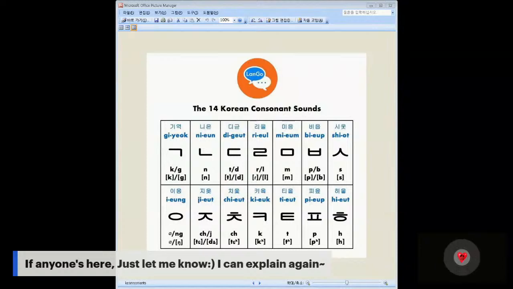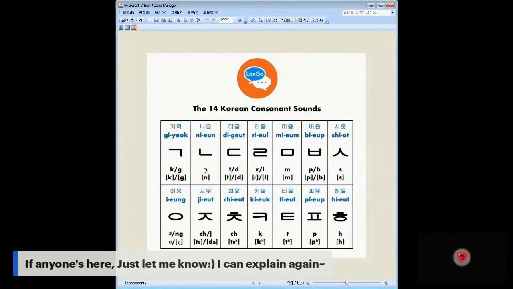So as you see, it's like an N. But I think it's a little bit different from English N, because English N is more like you use your jaw muscle.